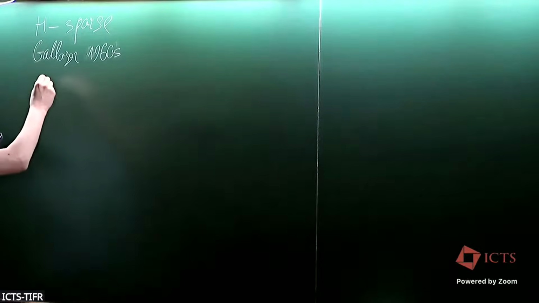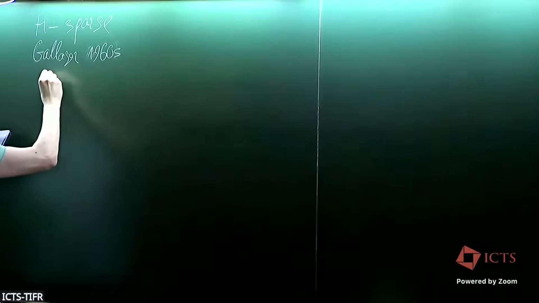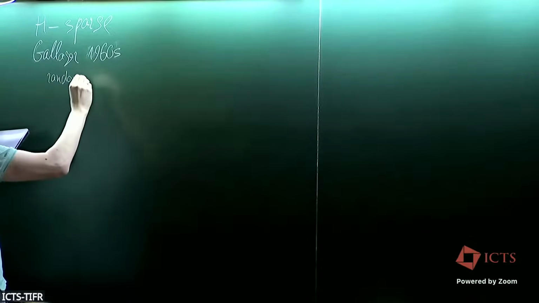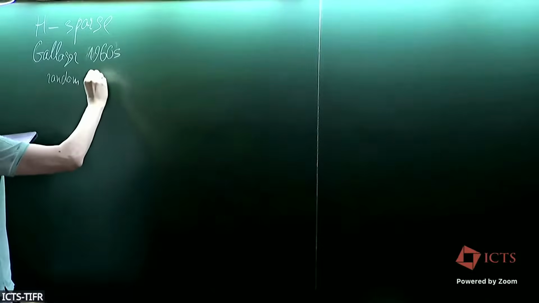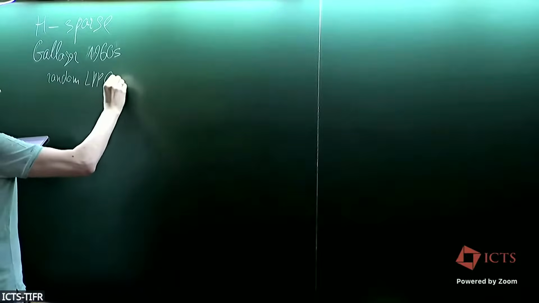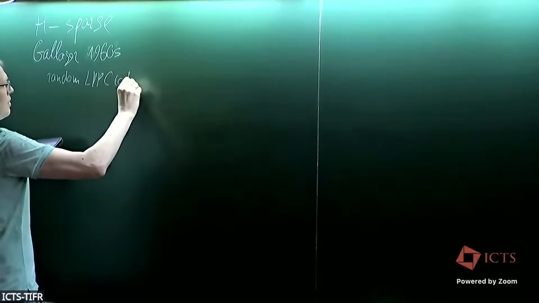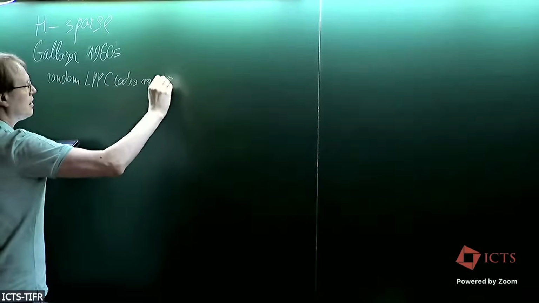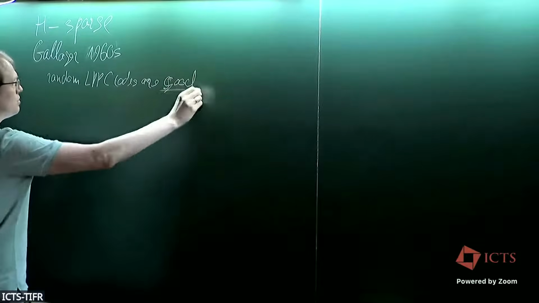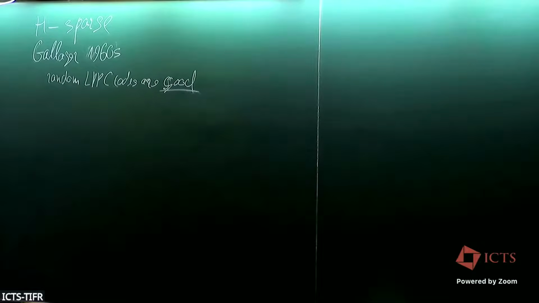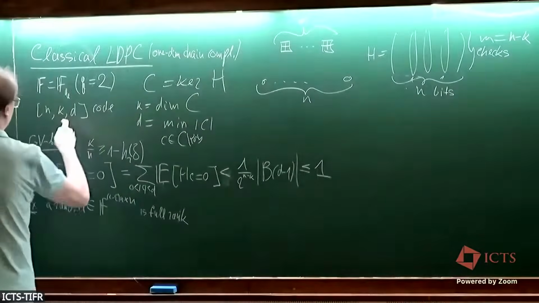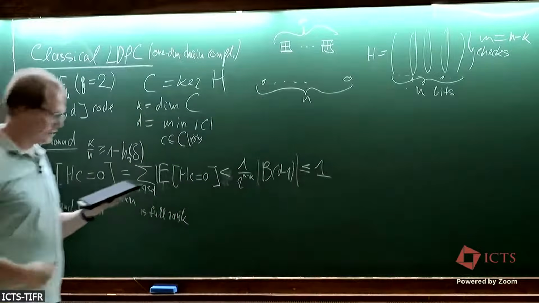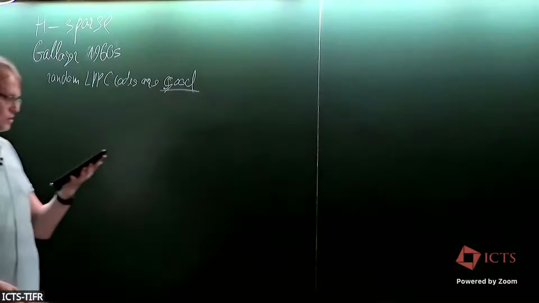And what he showed was really amazing. He showed that random LDPC codes are good. And by good, here I mean that these parameters, K and D, grow linearly. This is a common definition of a good code.